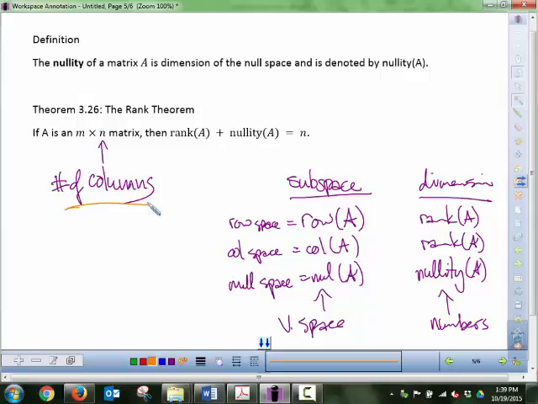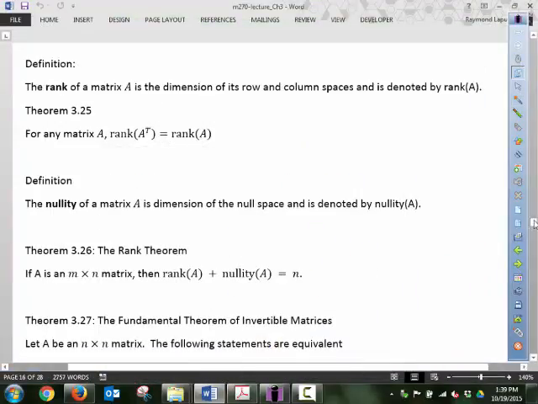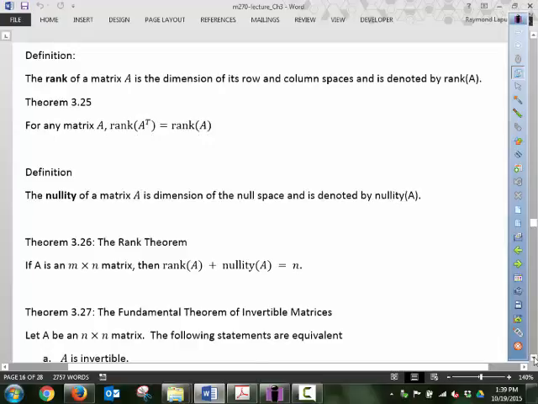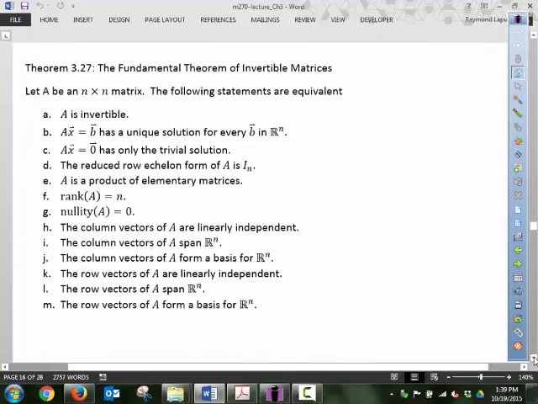All right. So now we have our big theorem for the course that continues to grow. I think there was a version of this theorem last chapter that had like 5 or 6 things in it.